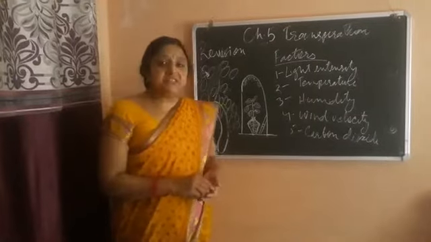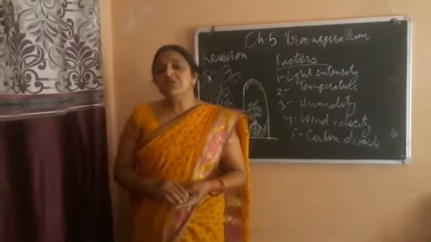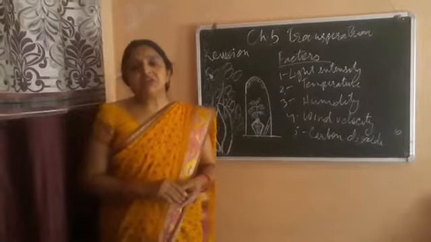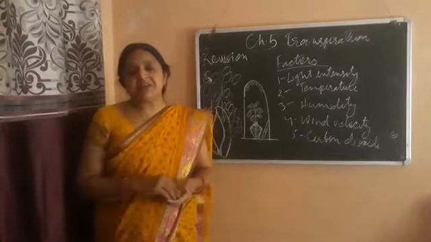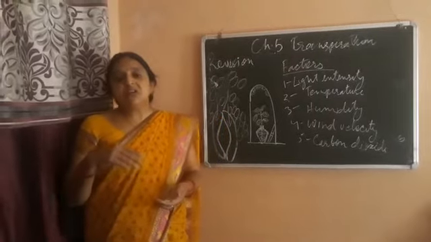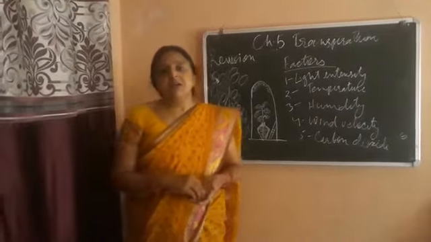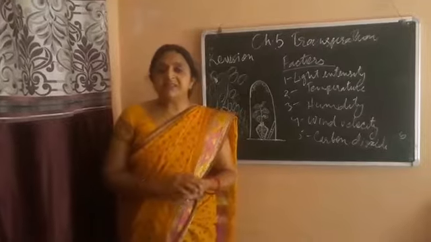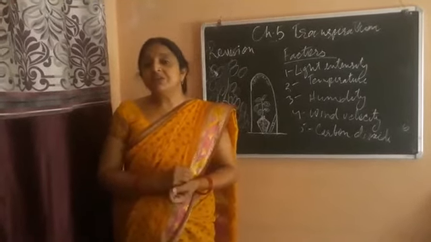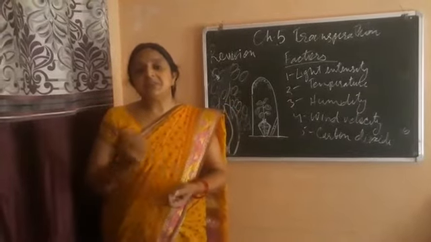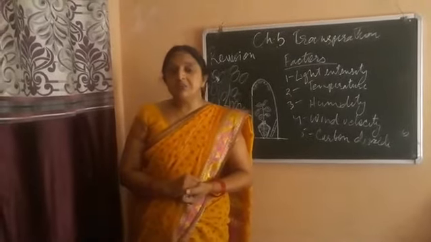Now next is abscission. Abscission also occurs if transpiration is inhibited, meaning no transpiration occurs for any reason. Then abscission occurs, meaning the leaf turns yellowish in color and after some time falls. This is called abscission.